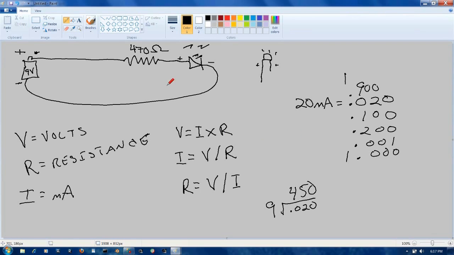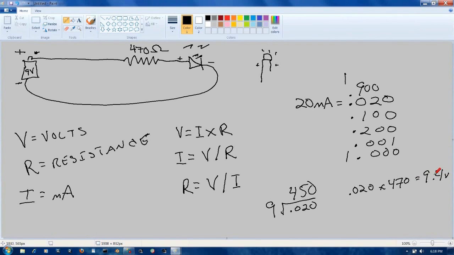Okay, so now we have all three of these. If we have the resistance and the milliamps, we need the volts. So we have milliamps, which is 0.020, and I'm using my calculator, so feel free to use yours, times the resistance, which is 470, equals 9.4 volts.